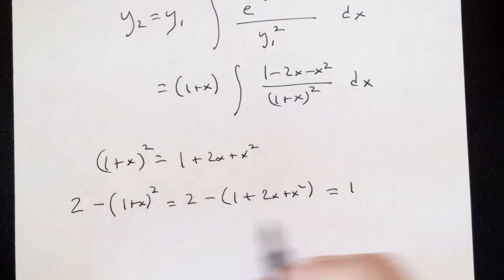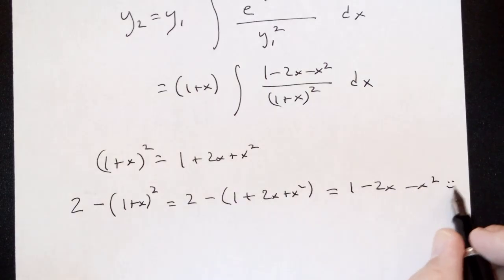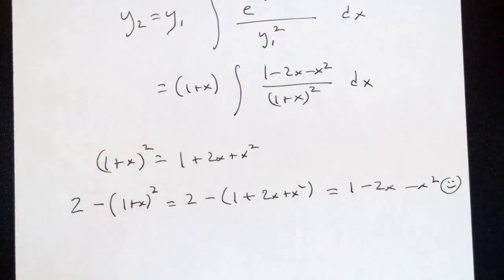Two minus 1 is 1. Distribute the minus. The top of this fraction can be written nicely.